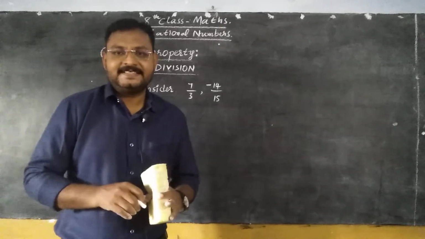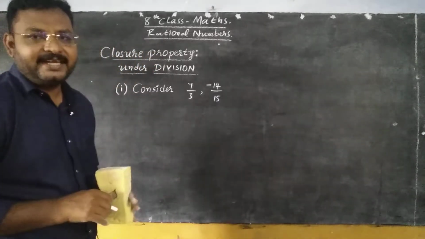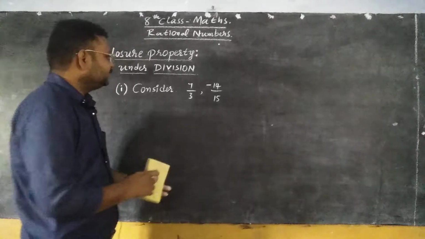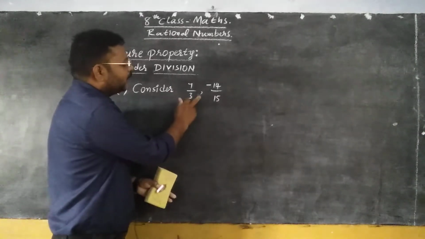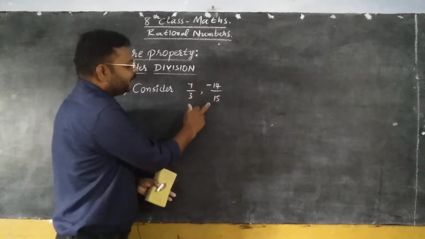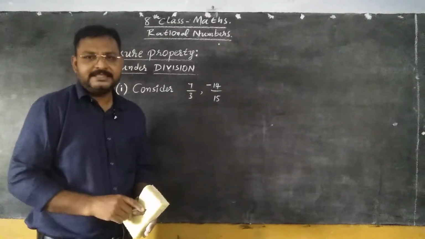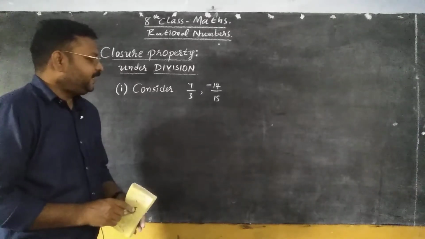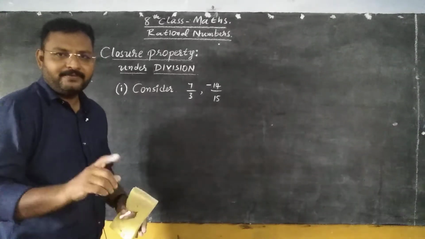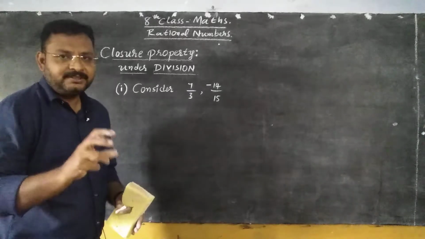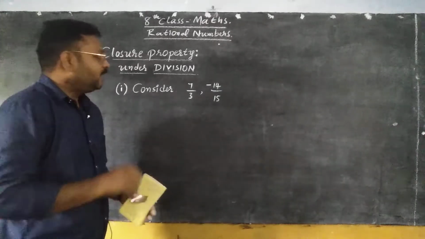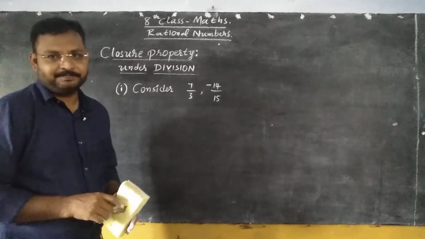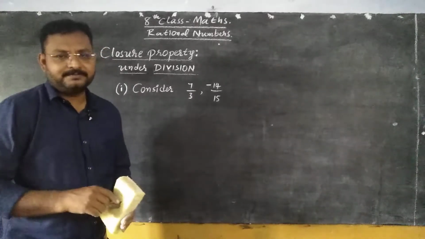For this, first you consider any two rational numbers. For example, I consider here 7 by 3, comma, minus 14 by 15. By using these two rational numbers, I am going to do the process of division in closure property.